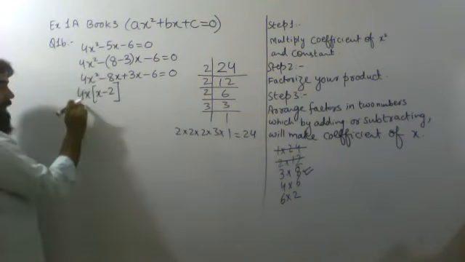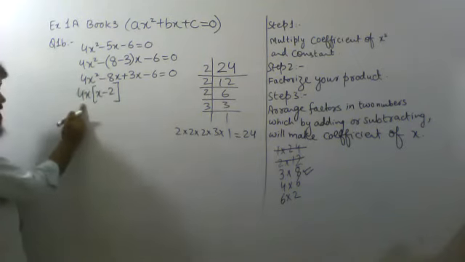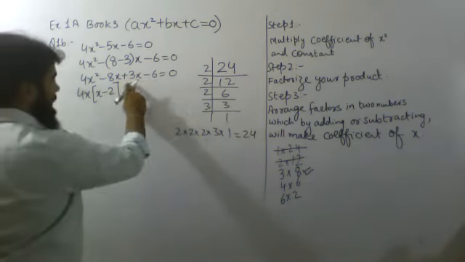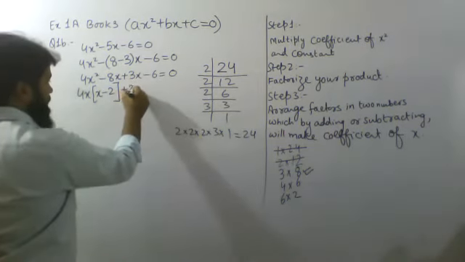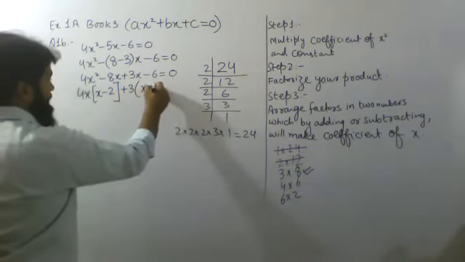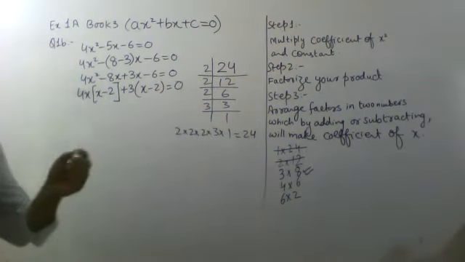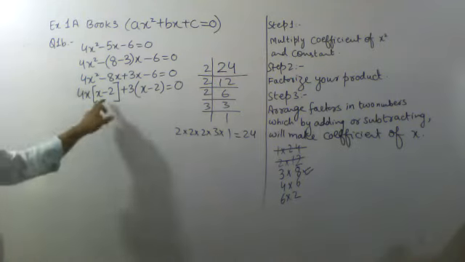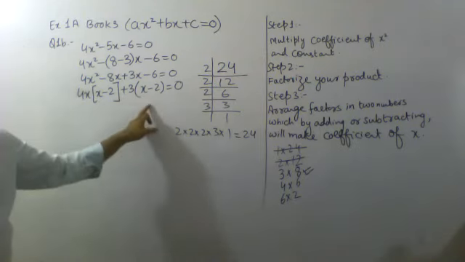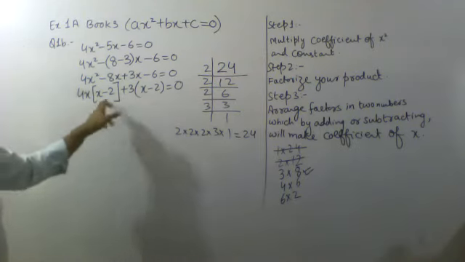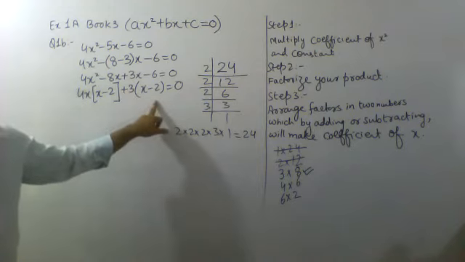Between these two, I am taking 4x common. In the same way, from here, I have taken plus 3 common, so x minus 2 equals 0. After taking common from pairs, your bracket should have the same values written: x minus 2, x minus 2.